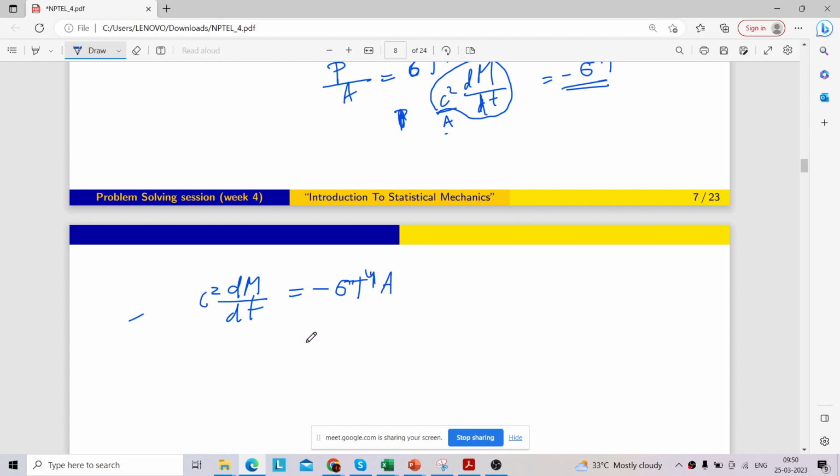Then we know the black hole's temperature is calculated in terms of universal constants and its mass.